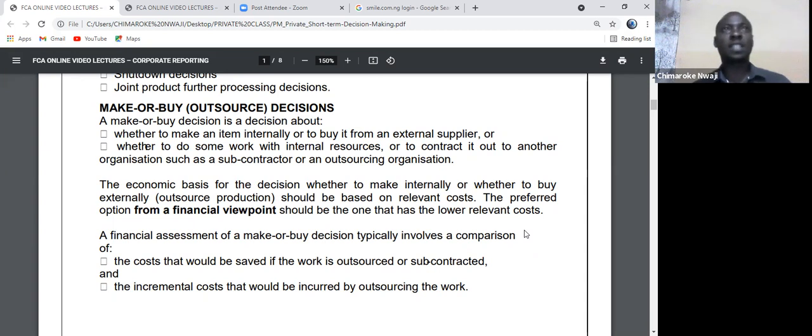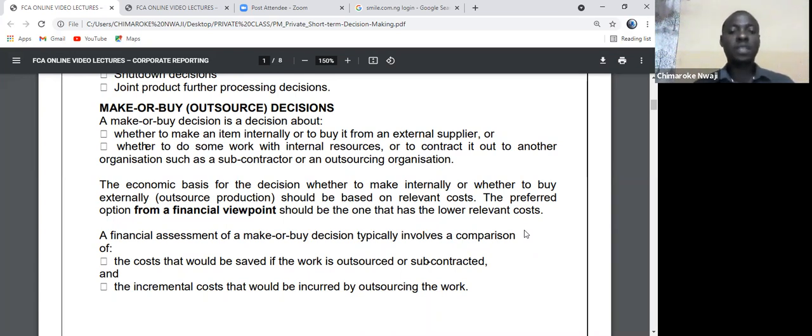So if you do not do it yourself, you will not go and buy materials, you will not spend certain amounts of money, you would have saved certain costs by giving it outside. Then you compare it with the incremental costs that will be incurred if you outsource the work.